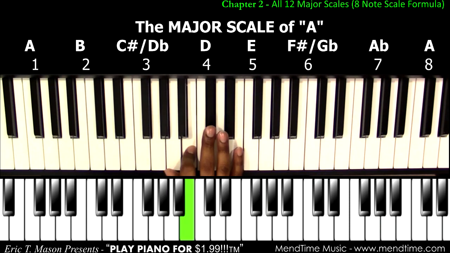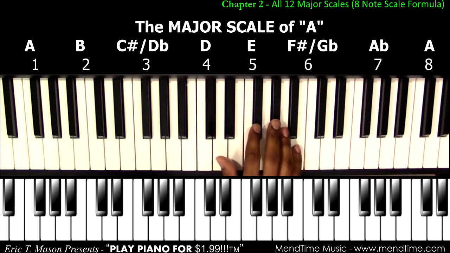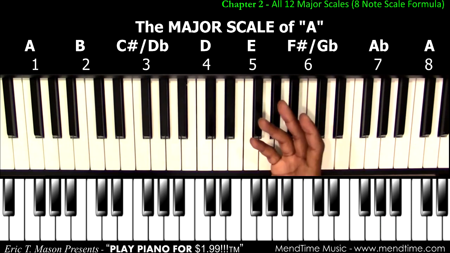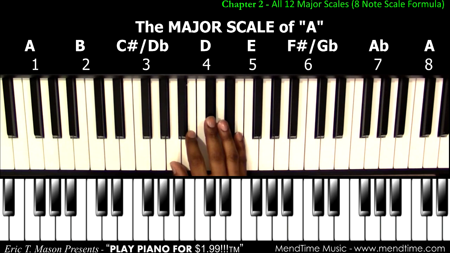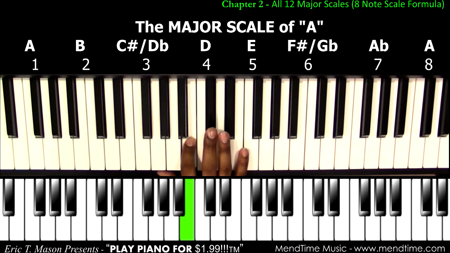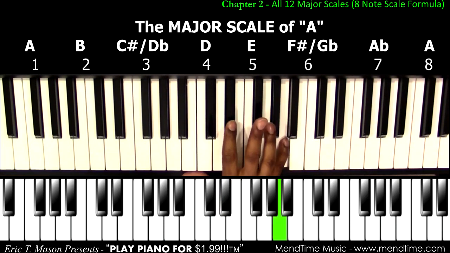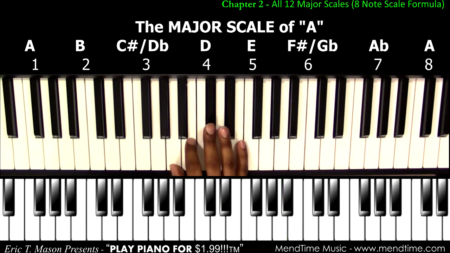A, B, C sharp, D, E, F sharp, A flat, A. Now it's your turn to call out the name as I play without me saying anything, and then the second time you will be responsible for calling out the number. Ready, set, go. Very good. Now call out the number.